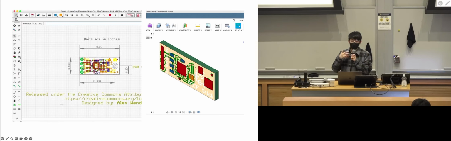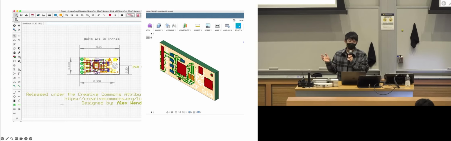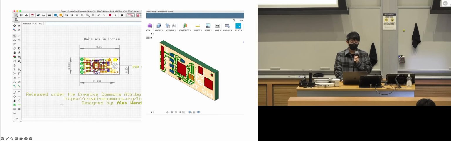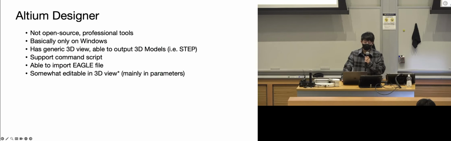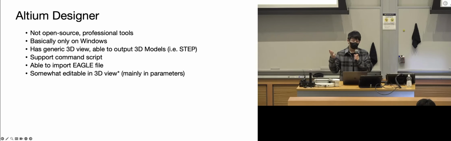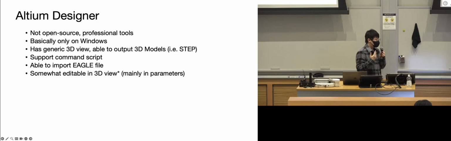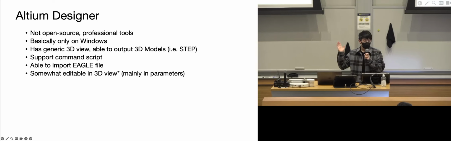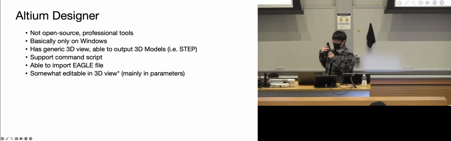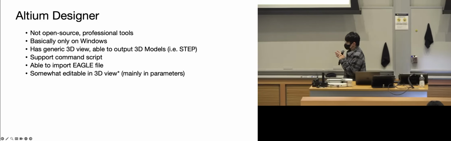For example, you can build your own auto router if you want. Similar with Altium Designer, and it's also able to import Eagle files. So if you are curious about any of those sensor modules on SparkFun, you can also use Altium Designer to do that.